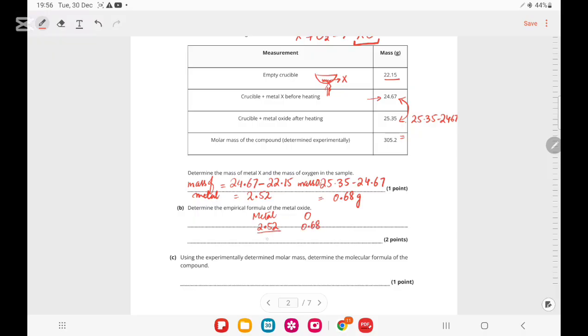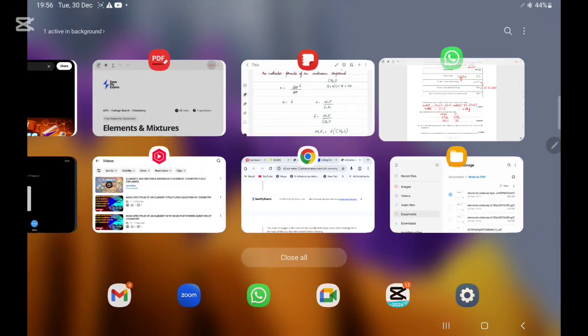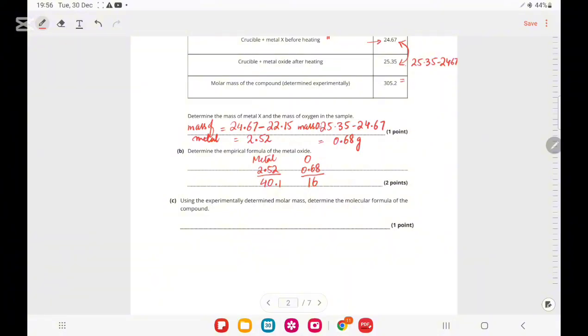I'm dividing the metal by the molar mass of calcium, which is 40.1, and the oxygen by 16. The answers are 0.0629 and 0.0425.